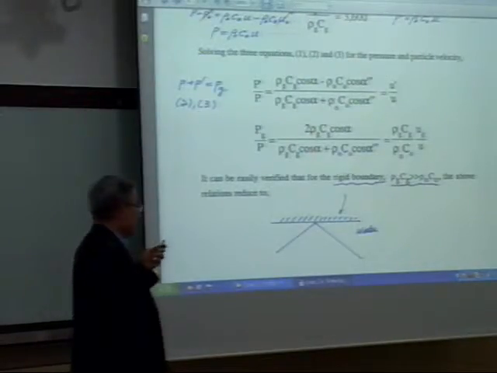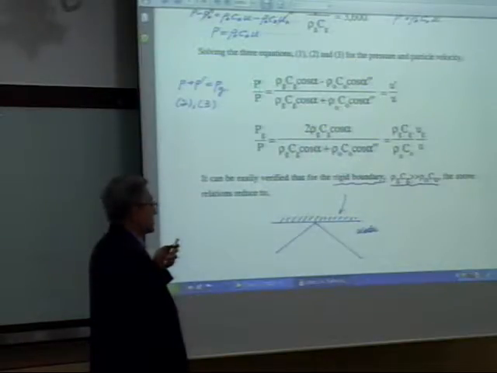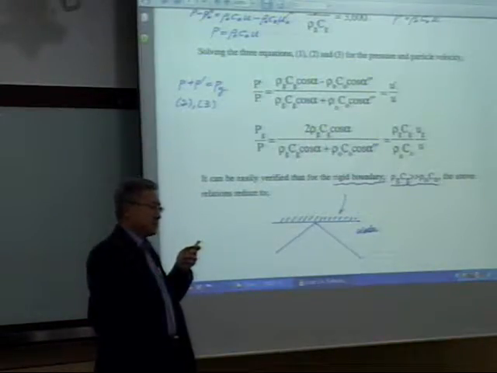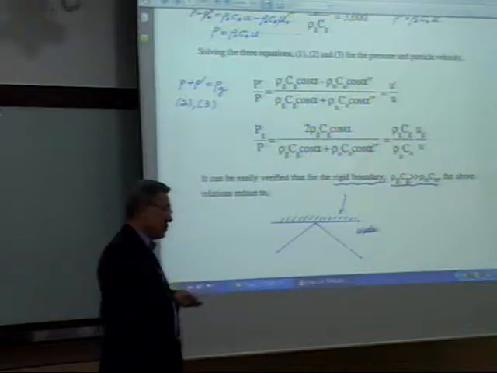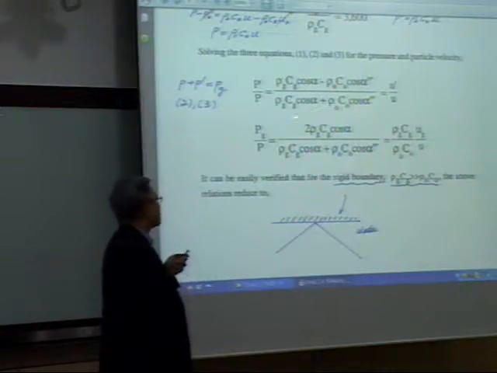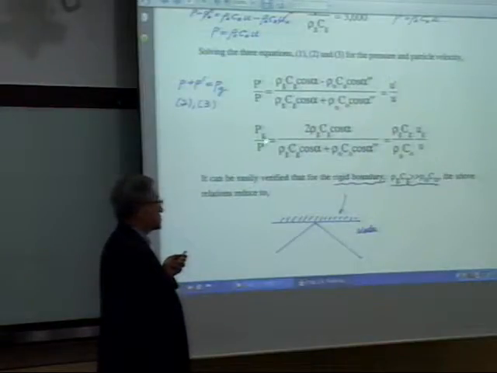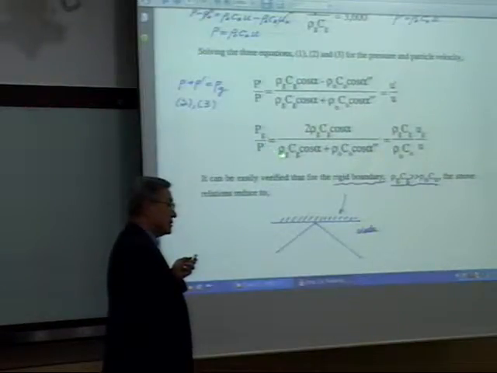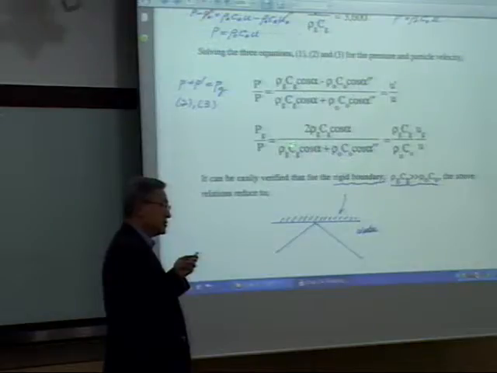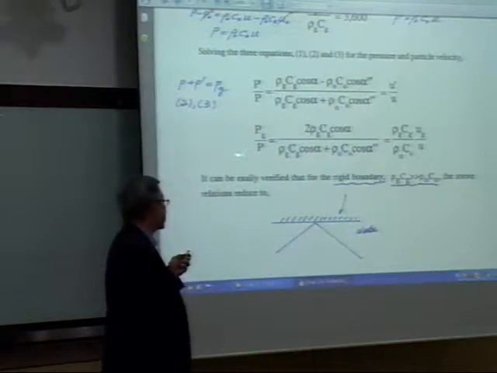Yeah, that's correct. This is shock pressure for the reflected wave. P is the incident wave. PG is the transmitted wave pressure.